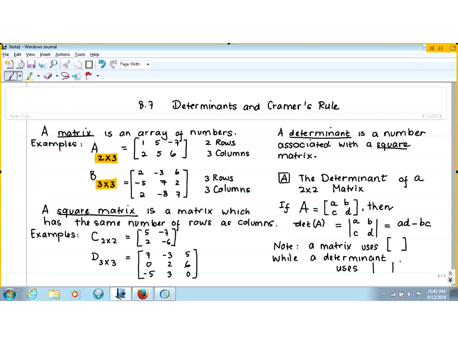Right? Okay. Now let's do an example. So determinant uses just the vertical lines. So it's this diagonal AD minus the other diagonal BC. Right? AD minus BC. So this is diagonal minus the other diagonal. All right.